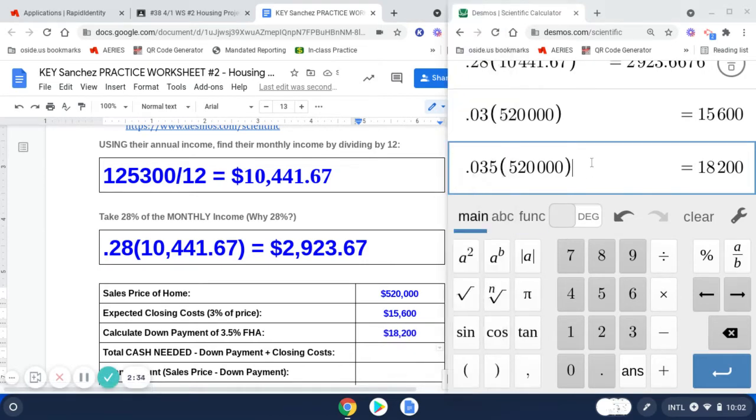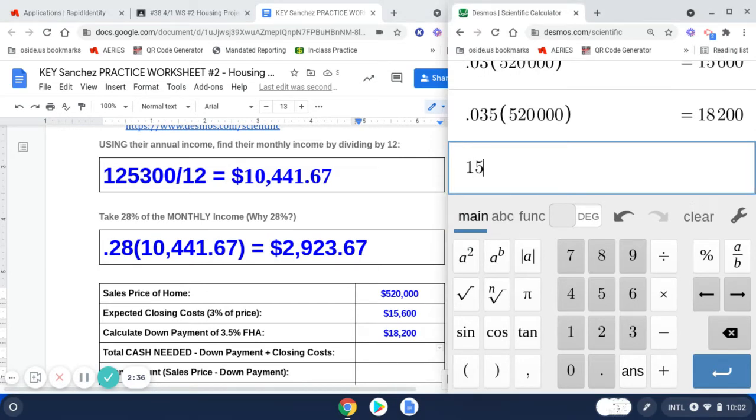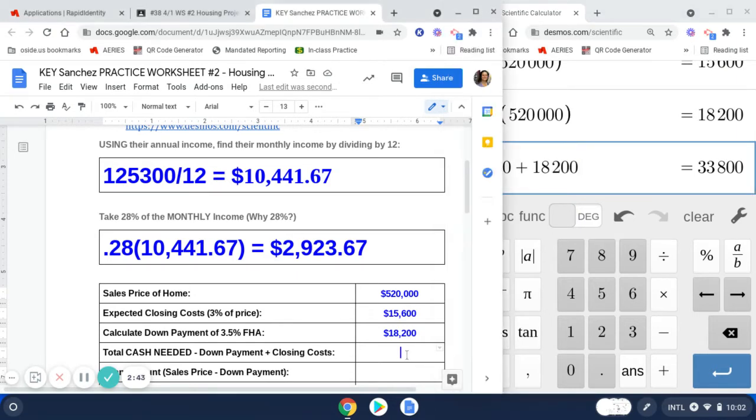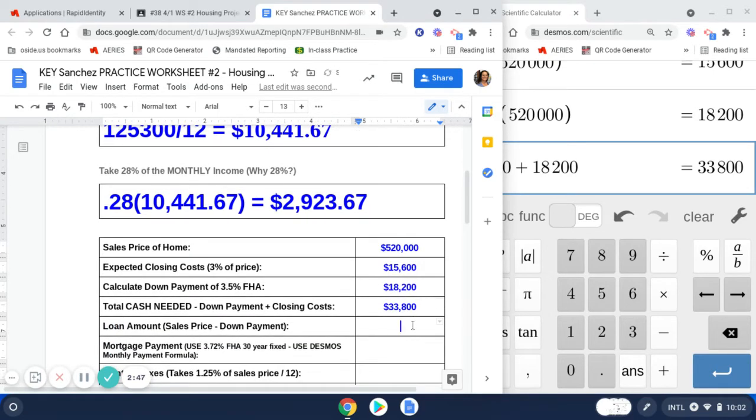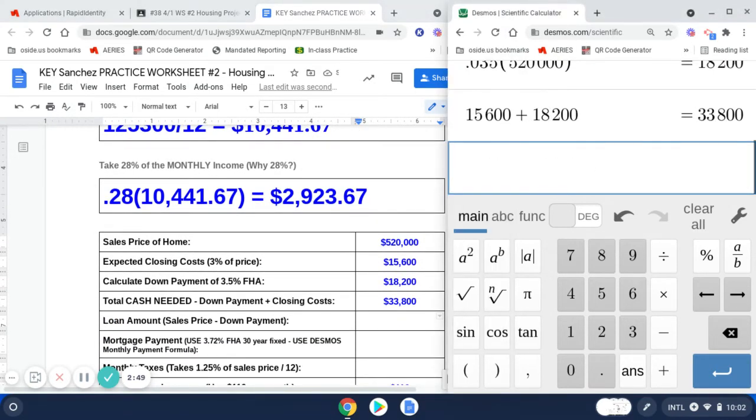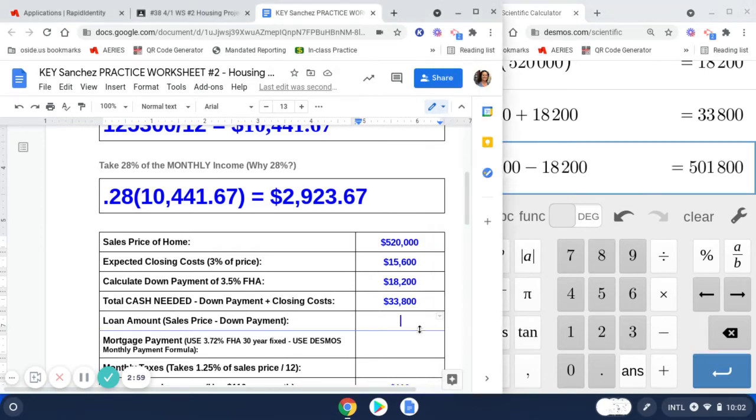So if I combine these two numbers, $15,600 plus $18,200, this gives me the total I need to close the escrow, $33,800. Now your loan amount. Your loan amount is the sales price minus the down payment. So $501,800.